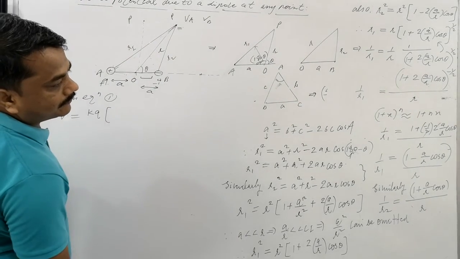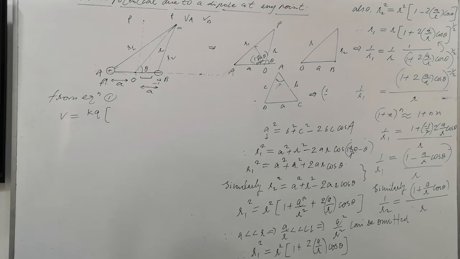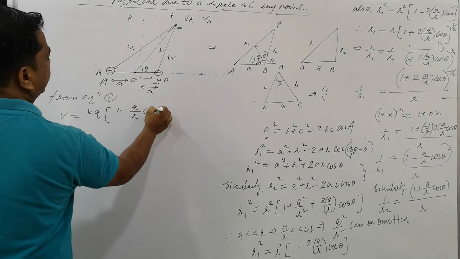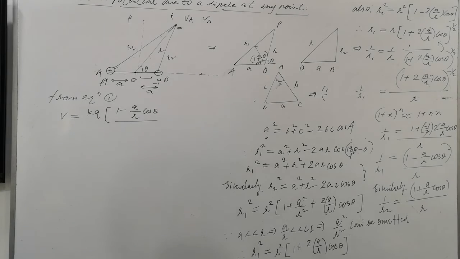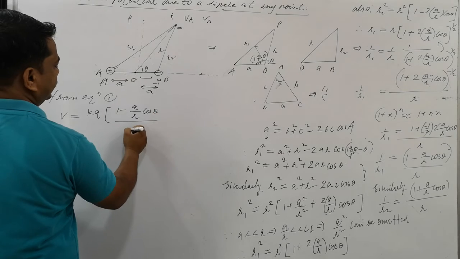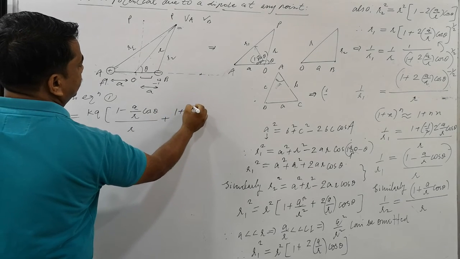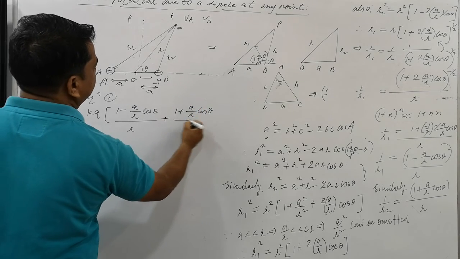What is the value of 1 by R1? 1 minus A by R cosine of theta, divided by R, and plus 1 plus A by R cosine of theta.